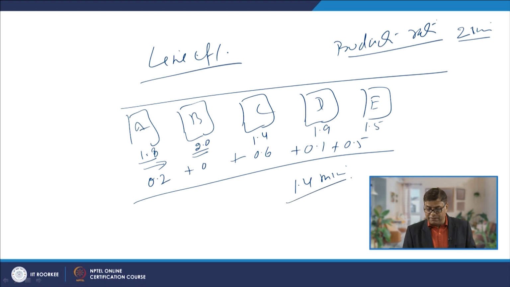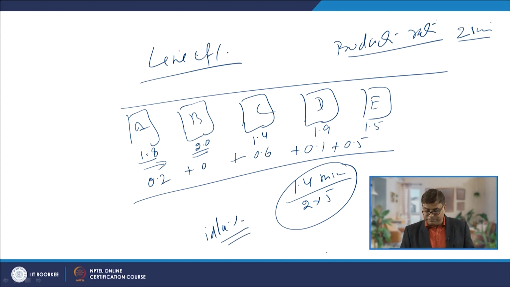That 1.4 minutes is the total idle time of the workers in the line, out of how much time, say 2 into 5 stations. So, that will give us the percentage of the idle time which is being wasted: 1.4 divided by 10.